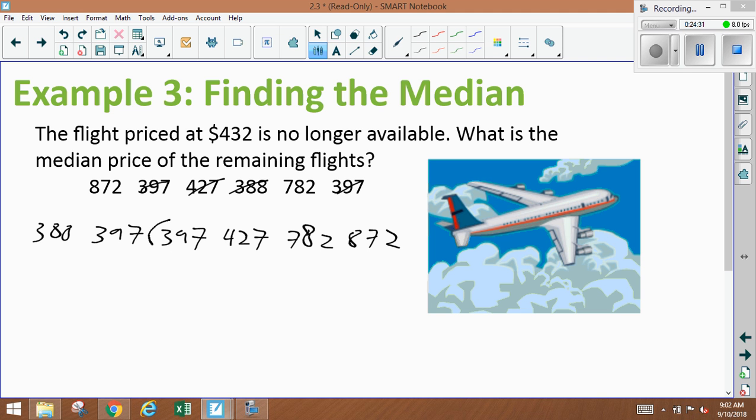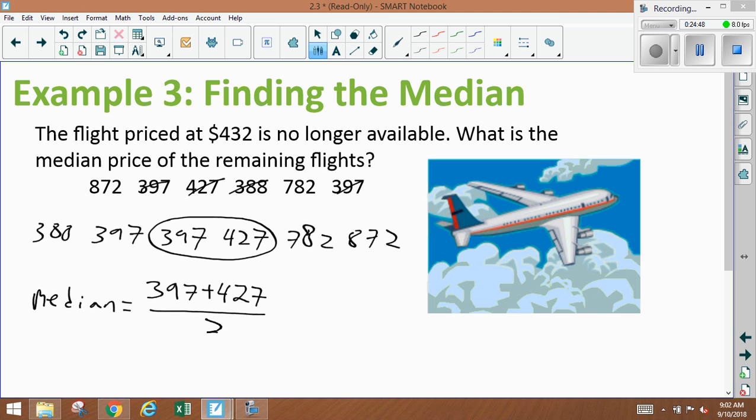Where's my middle? It's these two. We have 2 in the middle. So now my median is going to be equal to 397 plus 427 over 2.